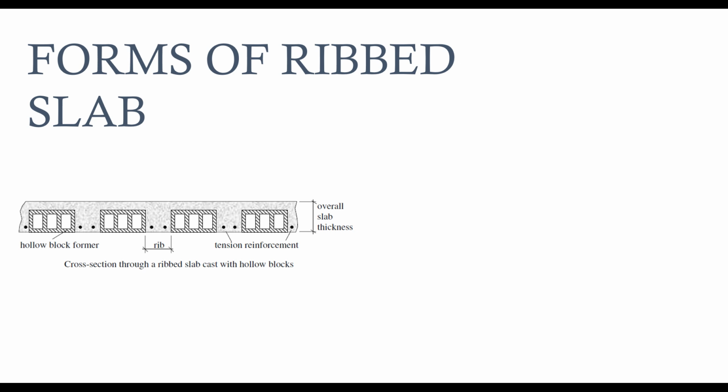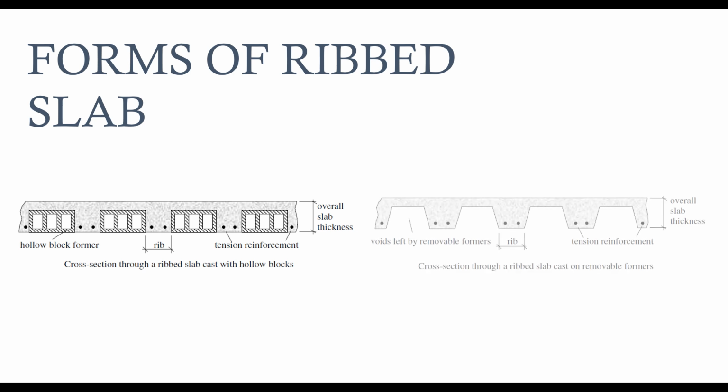With this material, you try to reduce the weight of the slab so that in analyzing the whole building, you result in a lower weight compared to a solid slab. Then another form is a ribbed slab where you have a removable form, that is, the formwork that you use to create this kind of slab is removed after construction.